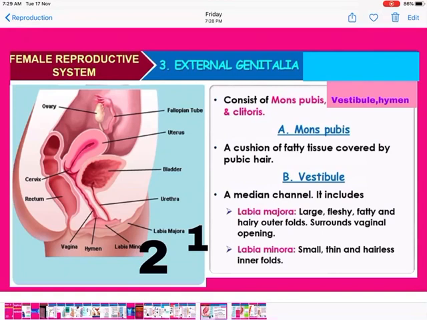See the diagram and labeling number 1 and labeling number 2. Labia majora is large, fleshy, fatty and hairy outer fold surrounding the vaginal opening, and labia minora is small, thin, hairless inner fold. So these are the two folds which are covering the vagina.